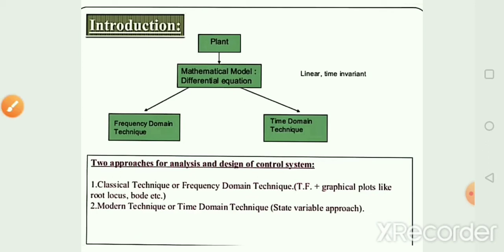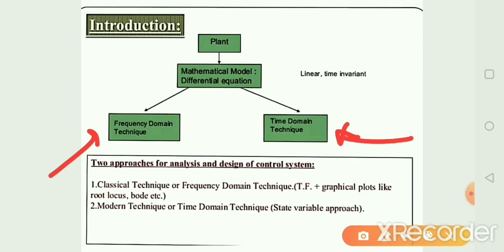So we can say in the frequency domain we use the Laplace transform and in the time domain we use the Z transform. The conventional technique applies only on LTI and SISO systems, and this technique applies to all types of systems and consists of input, output and state variables.